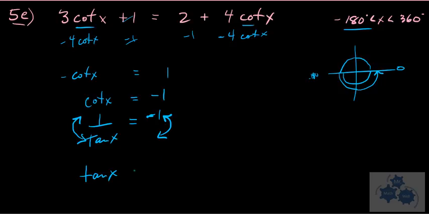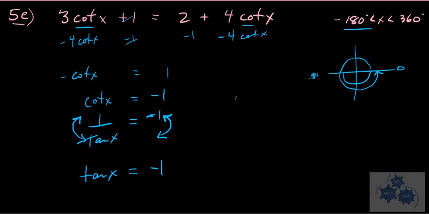Tan x then equals negative 1. The reciprocal of negative 1 is negative 1. So you see how you just take the reciprocal of both sides to get rid of the cotan. Then you're dealing with one of the primary trig functions, tan. So that's the big hurdle with cotan. Does that help? So whenever you get a cotan, isolate it, and then just flip both sides.